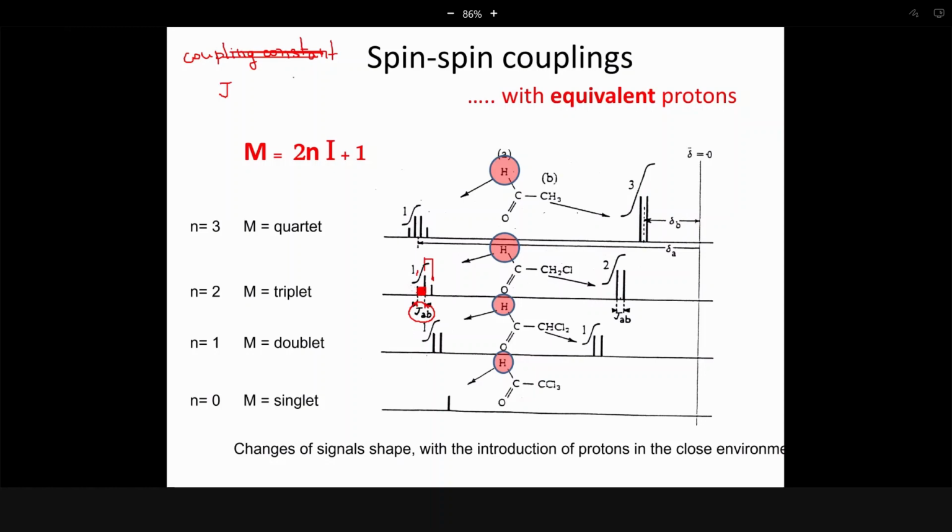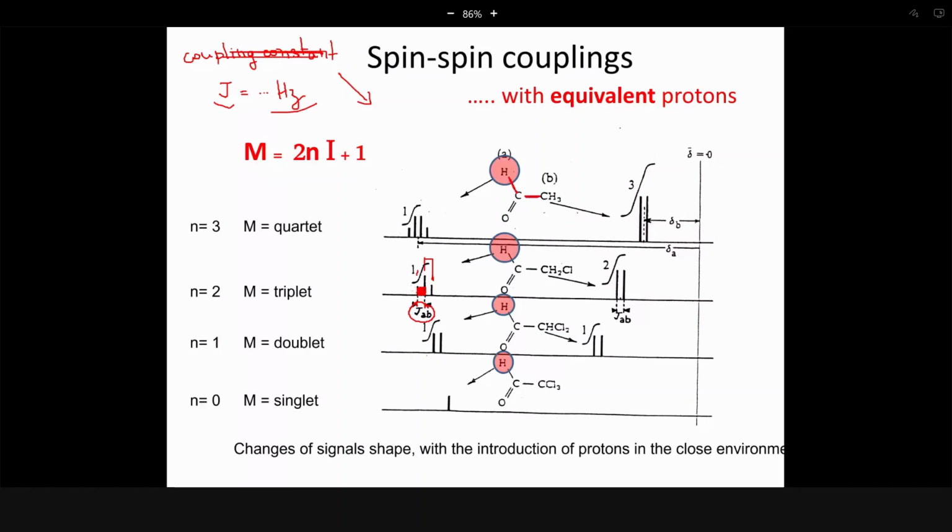And this coupling constant is written J, and it is expressed in hertz. So this reminds us that at the beginning we have a scale of frequency. And this value, this coupling constant, will give us information about the distance separating the protons.